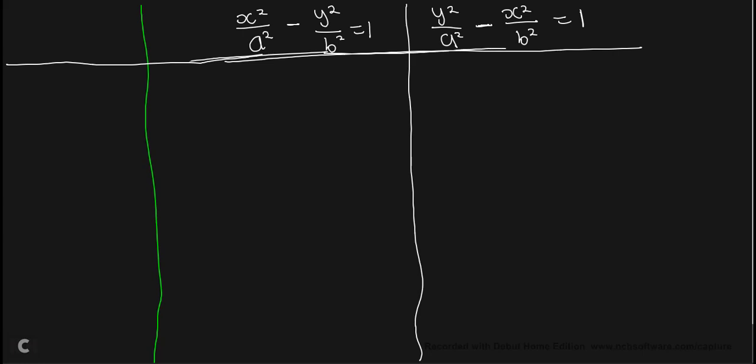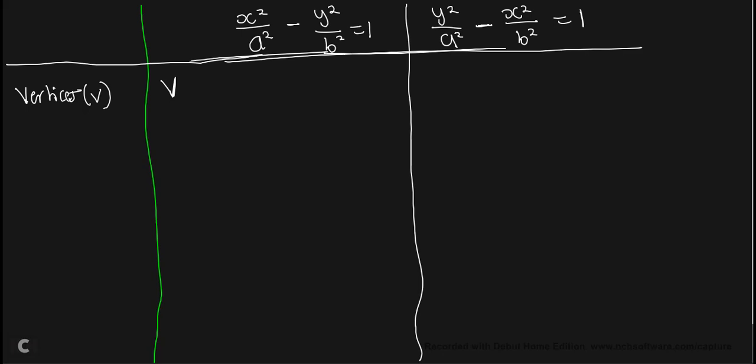Here we have what we call the vertices, and most of the time they're represented by V. Now, the vertices in this situation, x squared over a squared minus y squared over b squared equal to 1, go with the a.